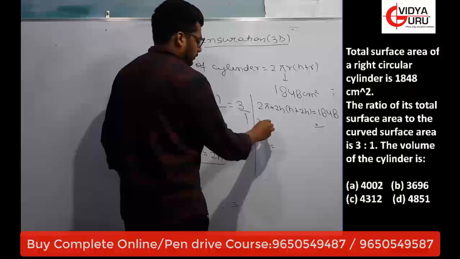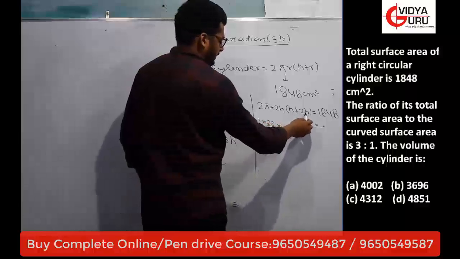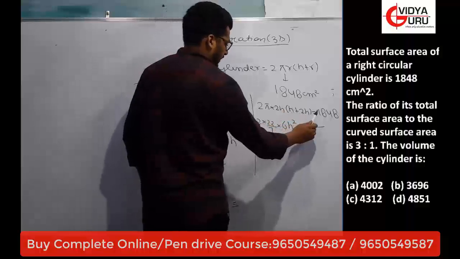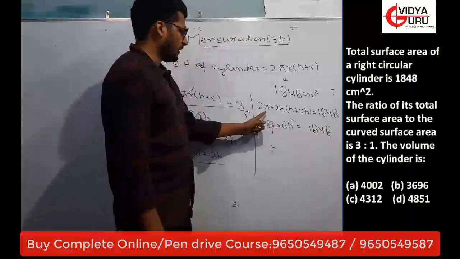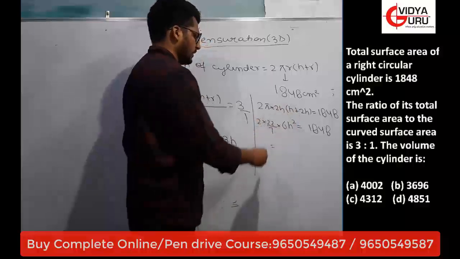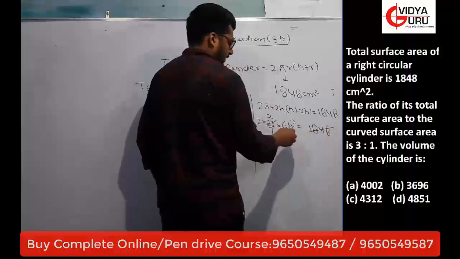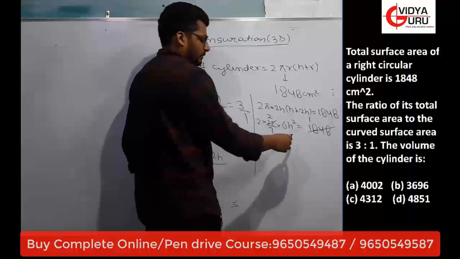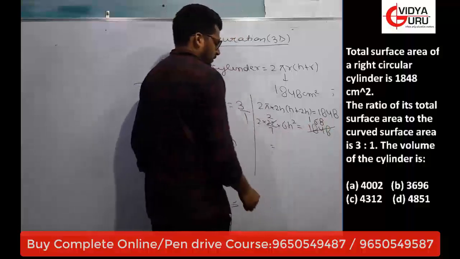So 2 into 22 by 7, this will be 3h and 3h into 2h, 6h square, 1848. I can cancel this out. 11 2 times will be 22, 11 one time, what will be left?